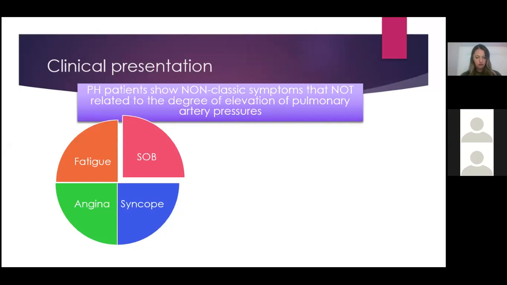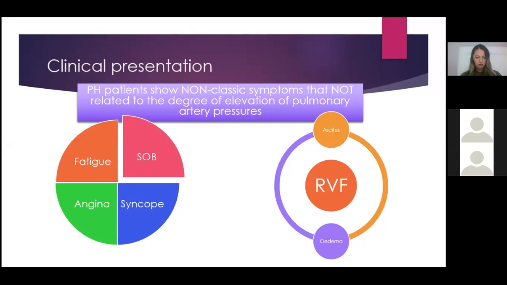You might have a patient with a pulmonary artery pressure over 50 and severe symptoms, and you might have a patient with 80 millimeters of mercury and mild symptoms. At a later stage, this patient may present with right ventricular failure with ascites and lower limb edema.